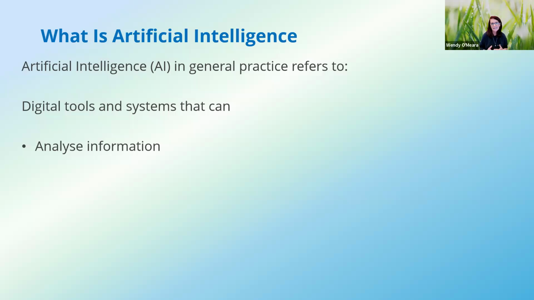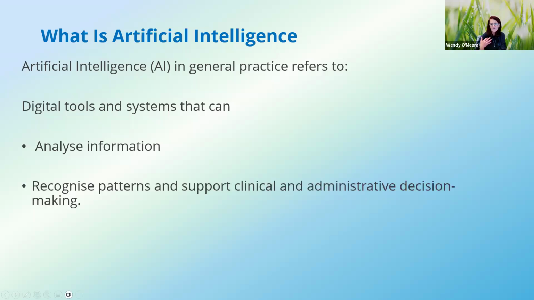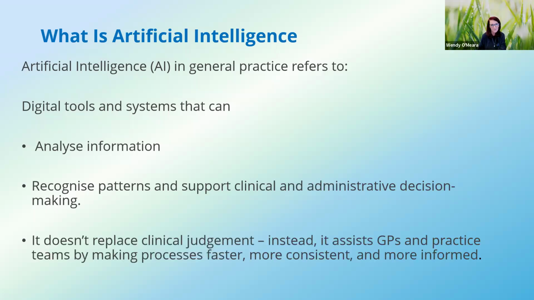The key word in this is supporting. It's not designed to replace clinical judgment, and it is purely a process of streamlining processes, making them faster, more efficient, and more informed.